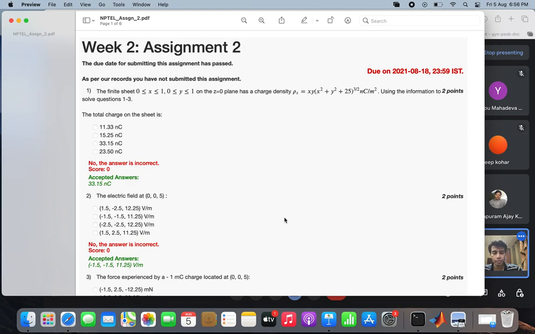You fill the sphere with charges uniformly, so the entire space is filled with charges of uniform density rho. The total charge within the sphere will be rho times volume, because rho is uniform and the volume is 4/3 pi r cubed.